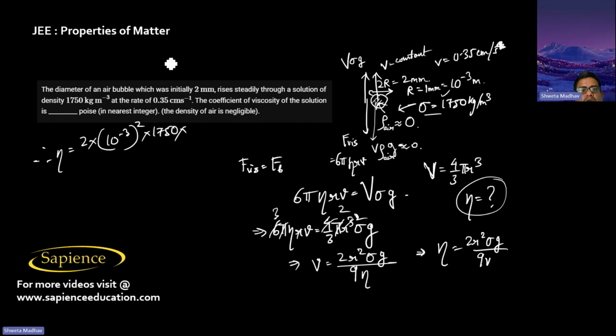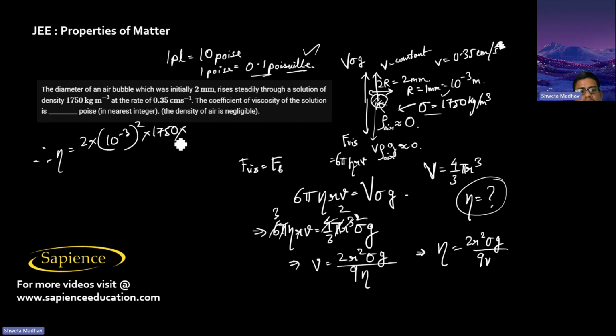So 1 pascal second is equal to 10 poise, you know. It means 1 poise is equal to 1 by 10 or 0.1 pascal second, where pascal second is the SI unit of coefficient of viscosity. So the answer which we will get, we have to divide it by 10. Then we will get the answer in poise.